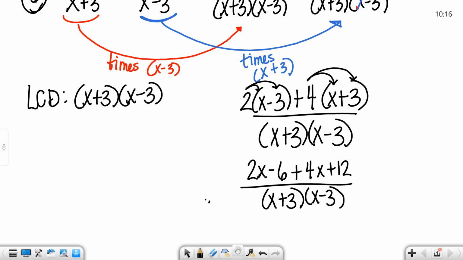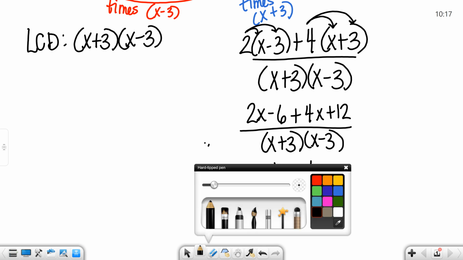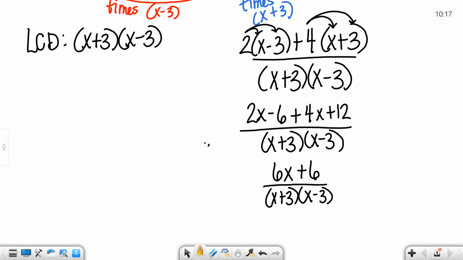Now combine like terms in our numerator. So 2x plus 4x gives me 6x. Negative 6 plus 12 gives me positive 6. Again, just bring your denominator down. Now, it's worth checking. I'm just going to check this in my head.